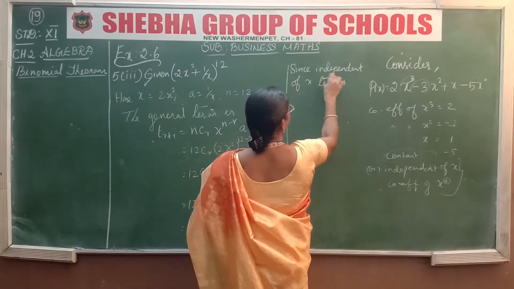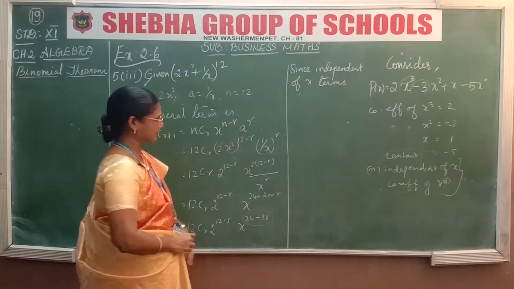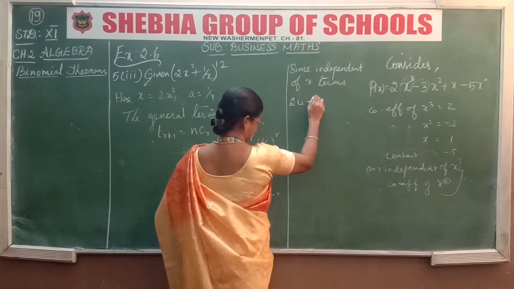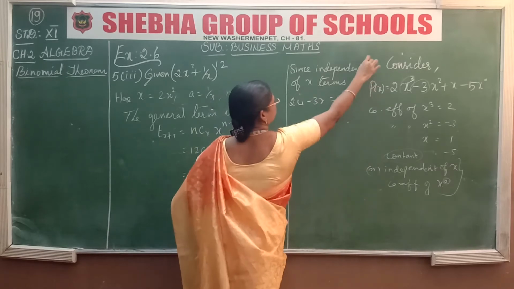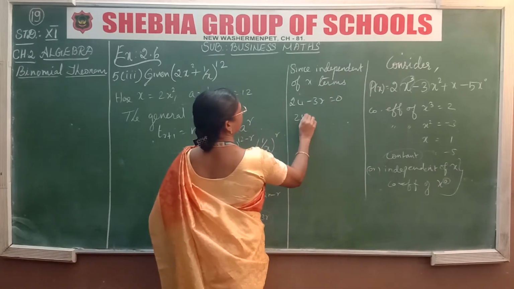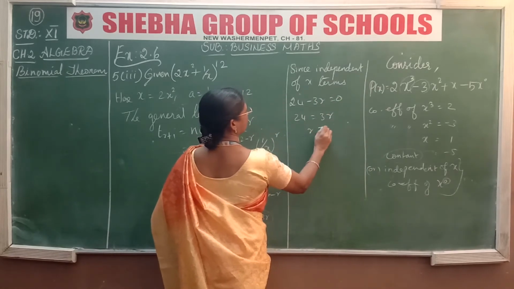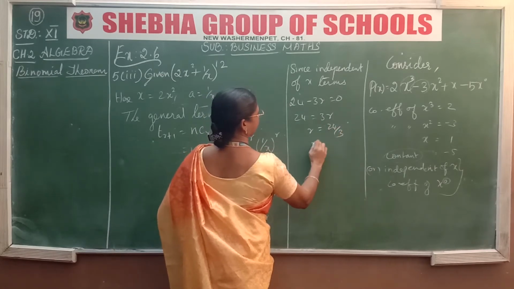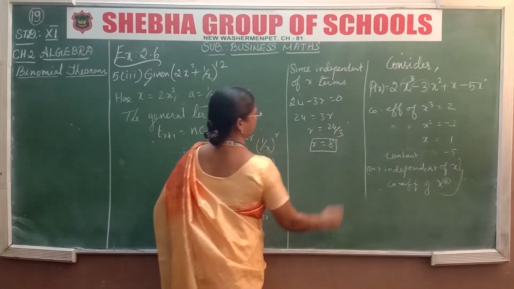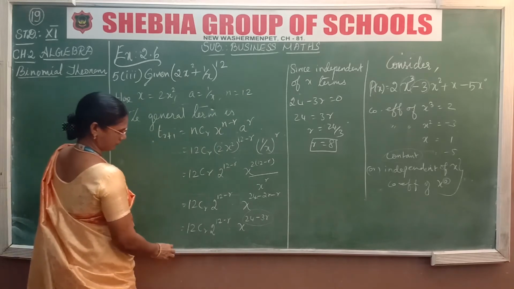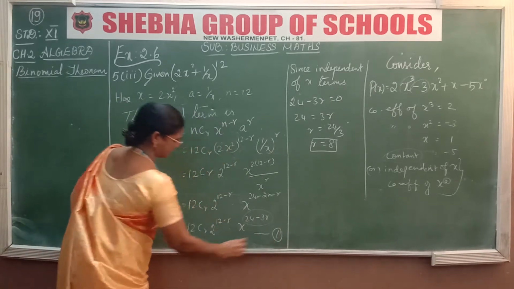So we have to equate the power of x, that is 24 minus 3r, to 0. We get 24 is equal to 3r and r is equal to 24 by 3, we get r is equal to 8. Substituting 8 here, mark it as equation number 1.